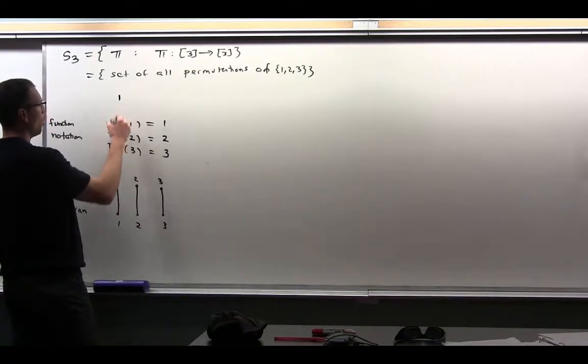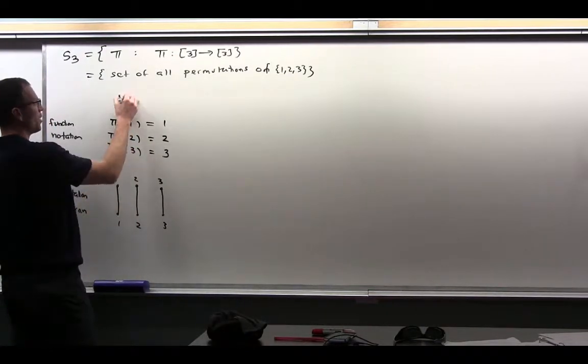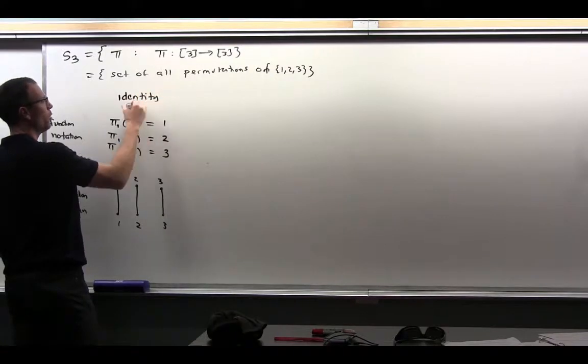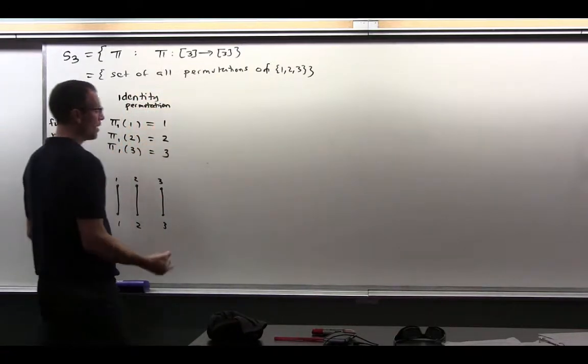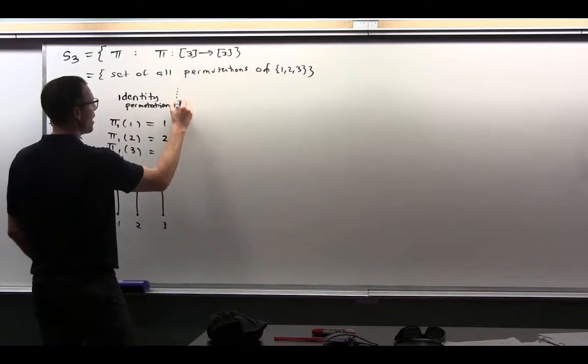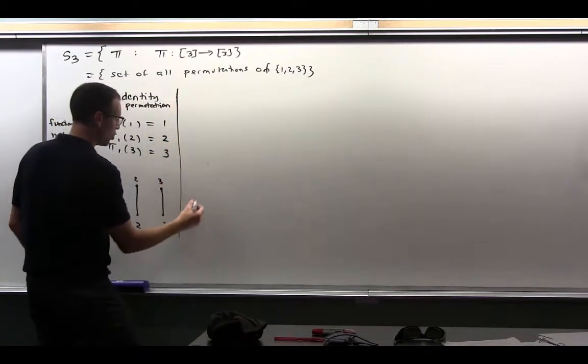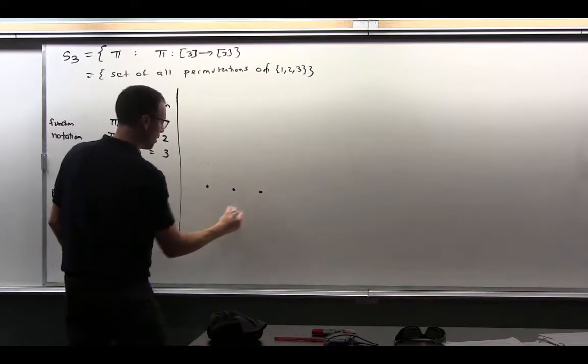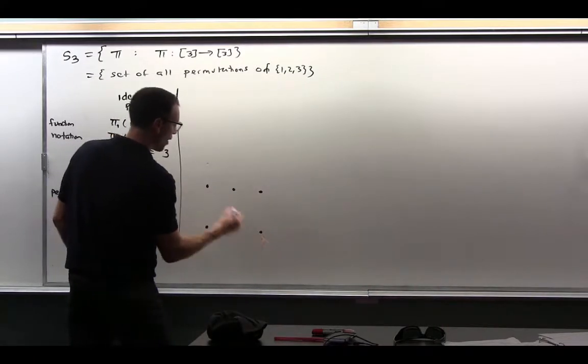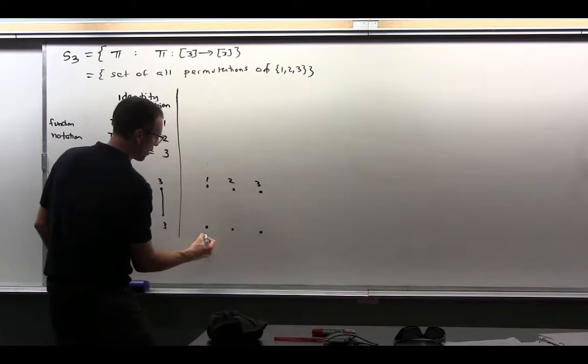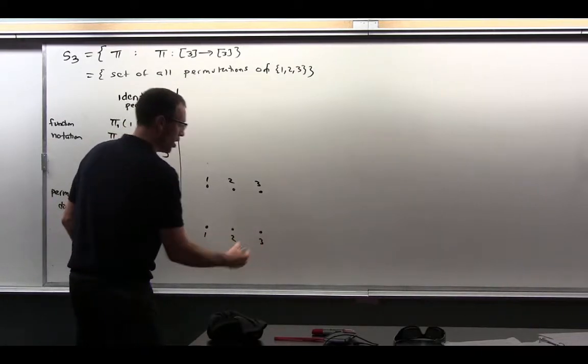We'll call that pi 1. What's that called in the sets that we've been working with? Identity permutation. This is where I would recommend not doing this in function notation first, but doing it in diagram first, because diagrams are a lot easier to figure out than looking at a bunch of numbers and notation.